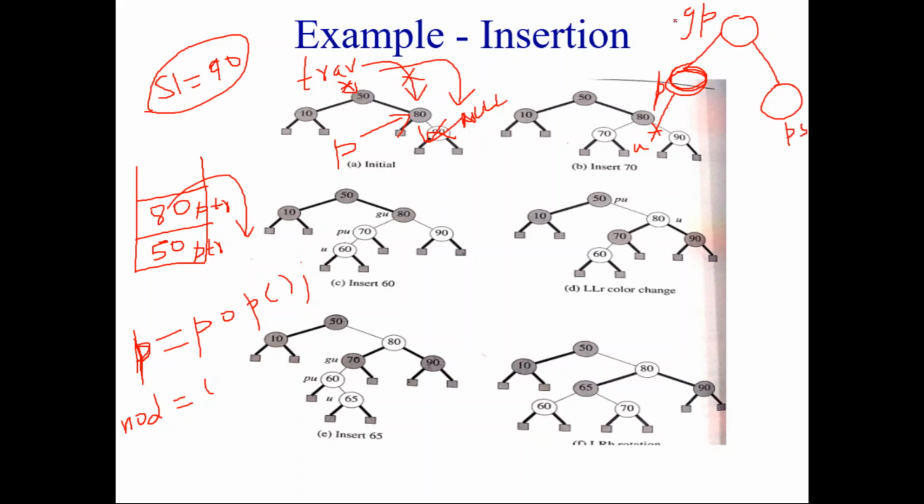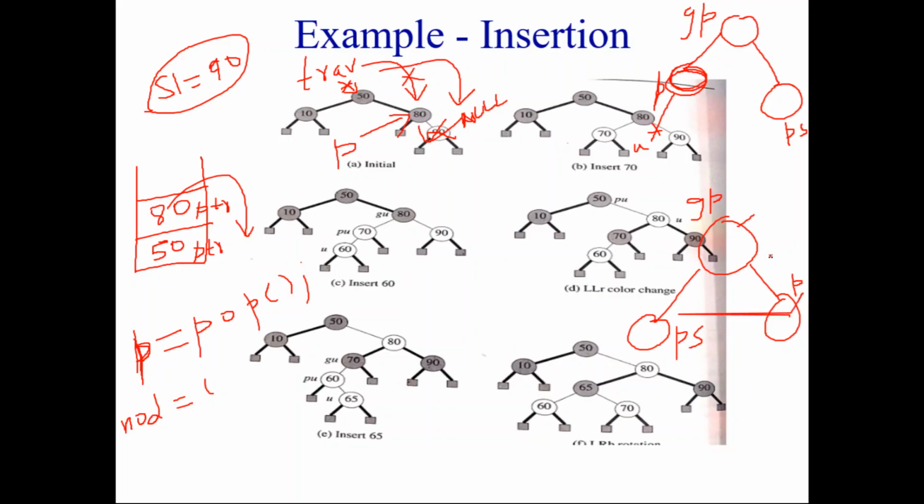Suppose P is coming as a right child, then where will the sibling be? Then the sibling will be the left child. So this is what you have to check. To the function find PS, we are passing parent and grandparent.